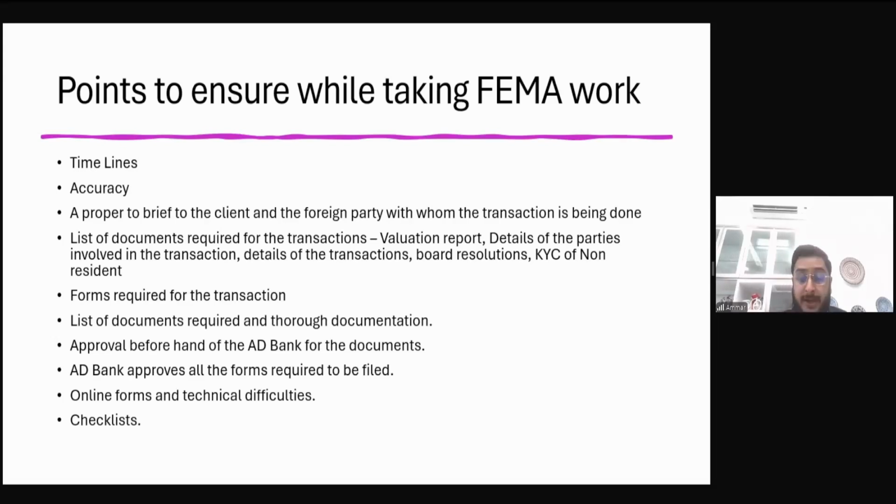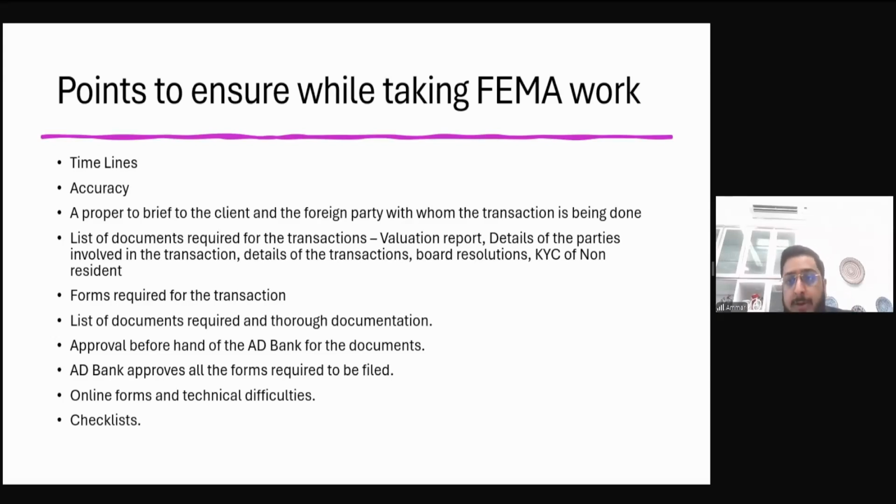One more important thing: whenever you are filing any form, suppose you're doing an ODI transaction, an FCTR transaction, or an FCGPR transaction, you should always send the drafts to your AD bank before making the transaction, and the AD bank should be fully made aware of the transaction. It should be transparent. You should always consult the bank.